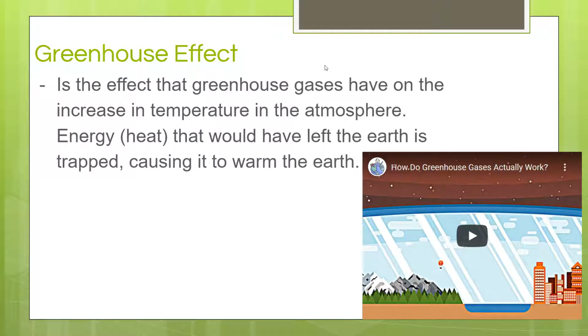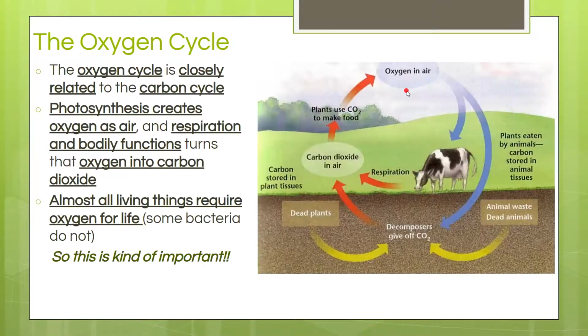Energy or heat that would have left the earth is trapped, causing it to warm the earth. That's the warming up as a result of greenhouse gases or excess carbon in the atmosphere, or methane or water vapor. This is the greenhouse effect from those greenhouse gases.